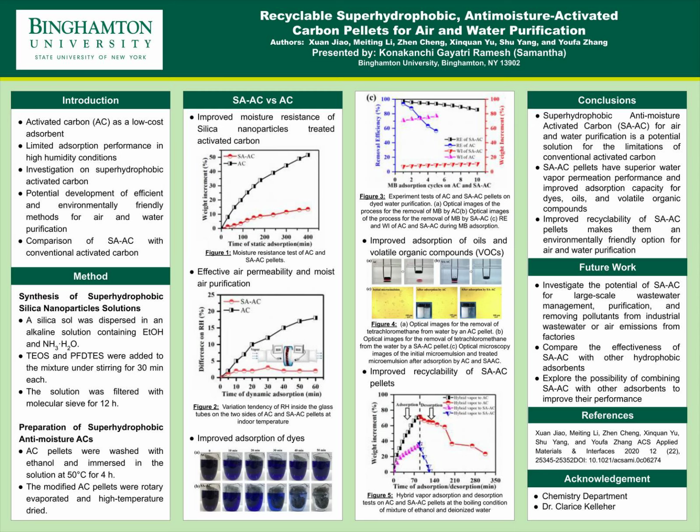And in the C image, you can see that AC was not able to remove much of the oils from the macroemulsions, whereas SAC was able to completely remove and absorb all of the oil, because it's a better absorber of oils from macroemulsions as well as volatile organic compounds from water and air.